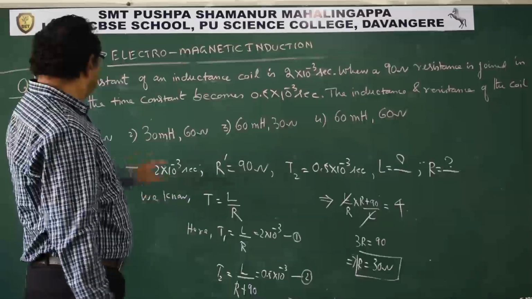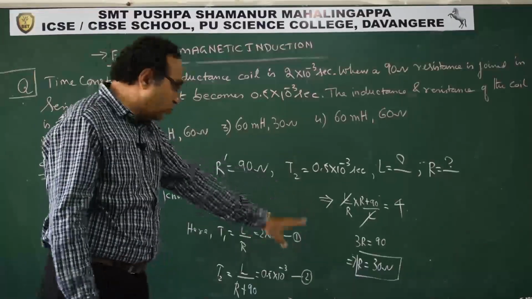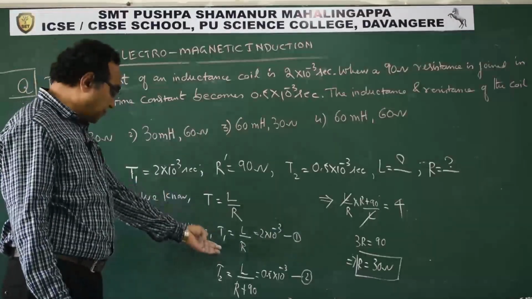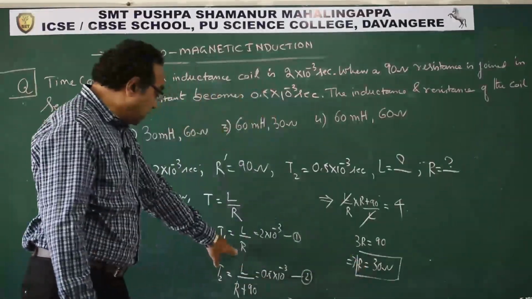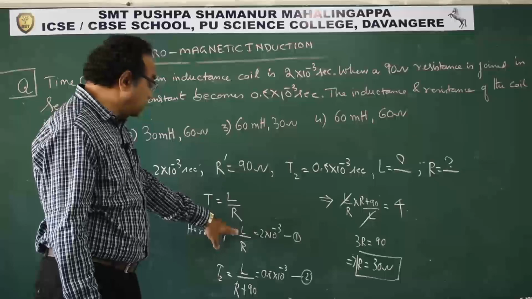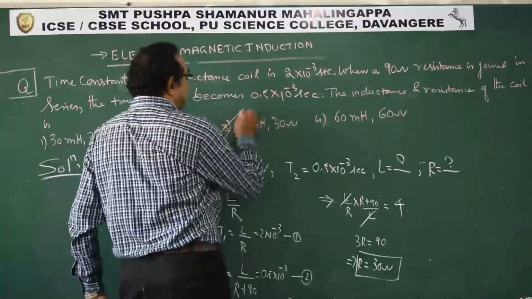Now see here, two choices are having 30 ohm. So means we have to go for L. Use the first one only, that is easy. R is given as 30. So 30 into 2 is 60. So L should be 60 millihenry. So 60 millihenry is this.